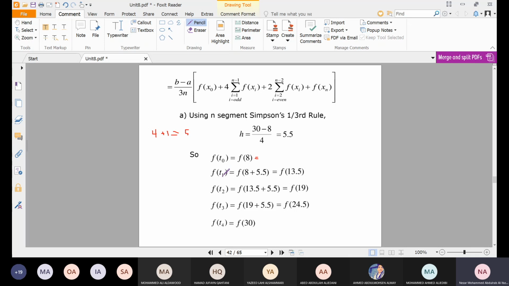And then the second one, t1, is t0 plus h.